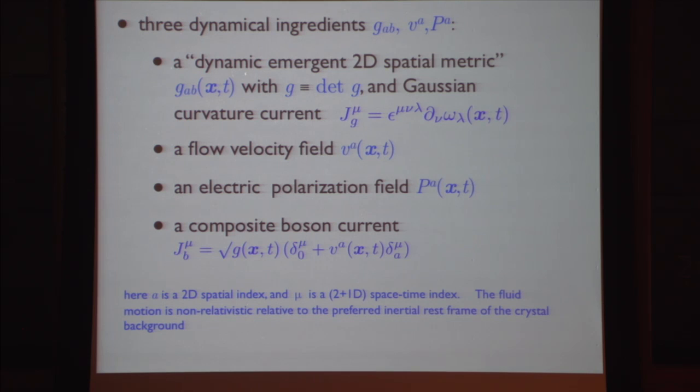Actually, I had a question, Duncan. The metric seemed to be determined by properties like the band structure. No, that's the extrinsic metric. The metric is actually the response of the fluid. The metric is the internal dynamical degree of the fluid. Because the Laughlin state is not just one state, it's a manifold of states parameterized by a metric. In a uniform system, there's one point in the manifold that minimizes the energy everywhere.